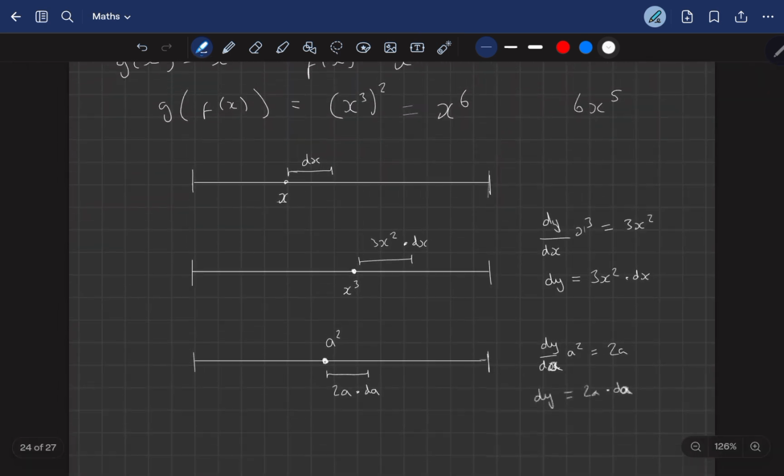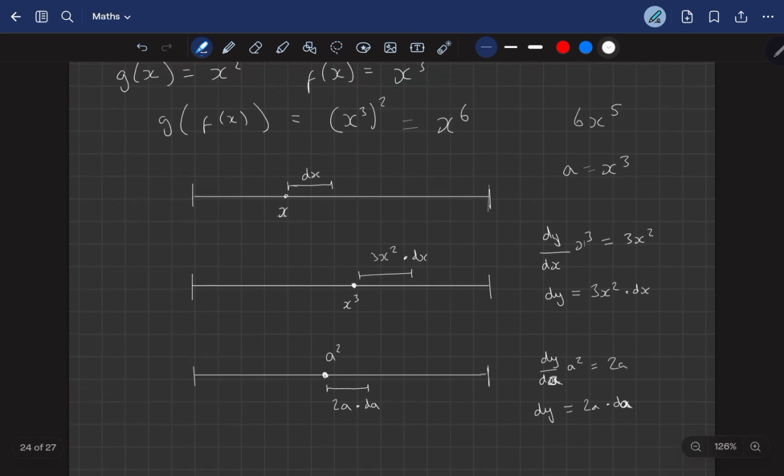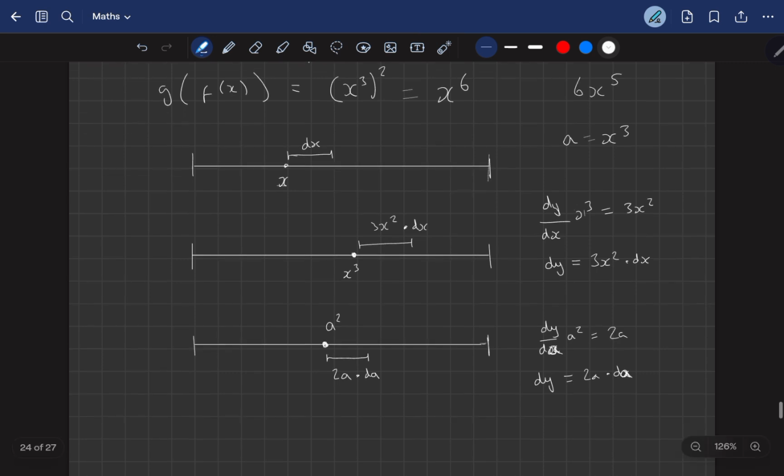Now, notice that the value of a here is just x to the power of 3 in order to get this function. So a is equal to x to the power of 3. So we now have calculated that the derivative of this function is 2a times dA. And dA is just the change in the value of x to the power of 3.